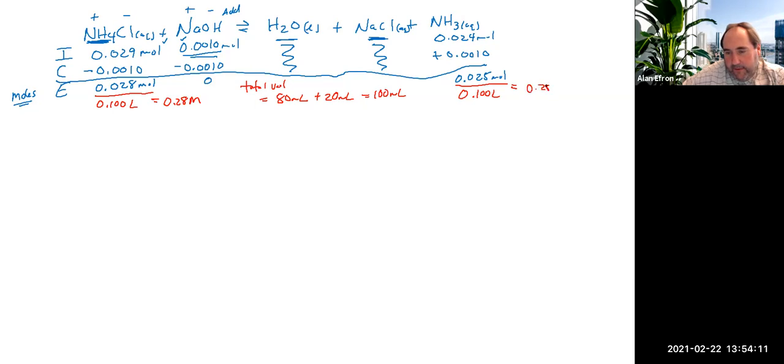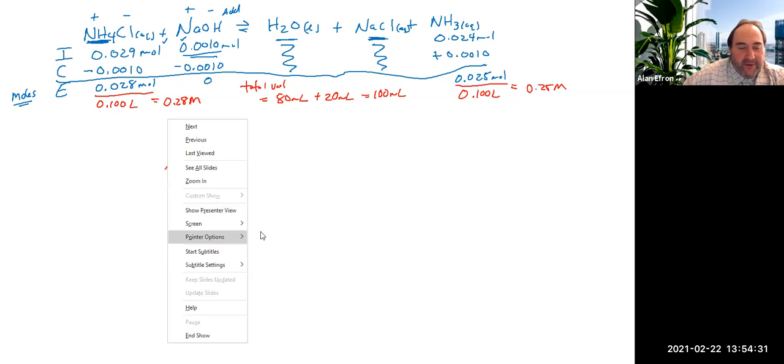and 0.25 molar at this point. Any questions up to here? All right. So you may get to this part of the ice table, hopefully. And at this point, you may be wondering, I'm not really sure what to do next. So we are looking for obviously the pH in this case.